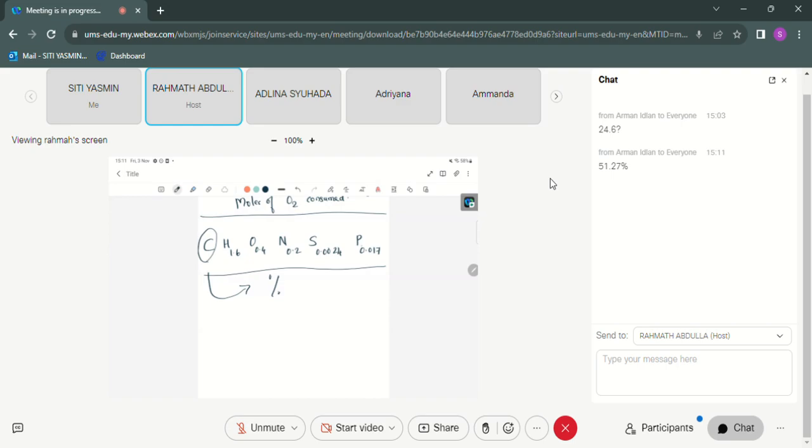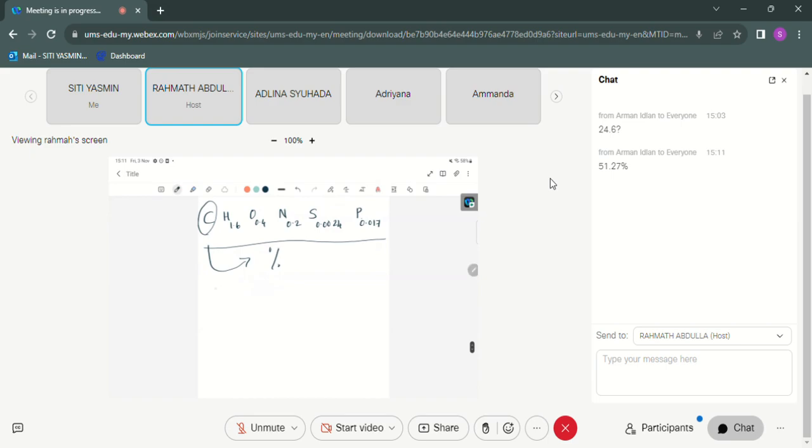So for this, first what you need to do is calculate the molecular weight of this yeast species. Now, how you're going to do it is use the formula given here.